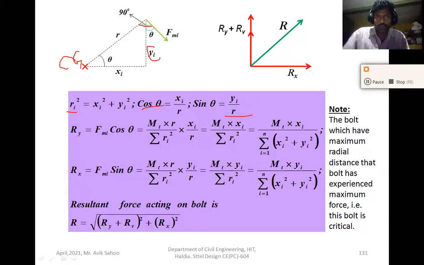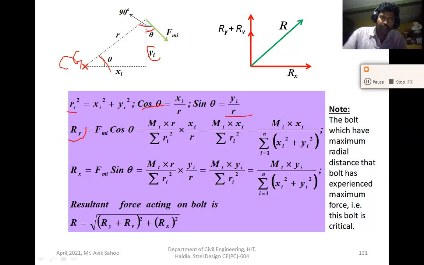Now this force is resolved into two components, horizontal and vertical. If this angle is theta, then this angle is also theta, so you check it. Now the vertical component is Fm cos theta, and Fm sin theta is the horizontal component.